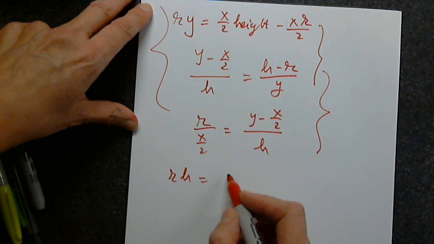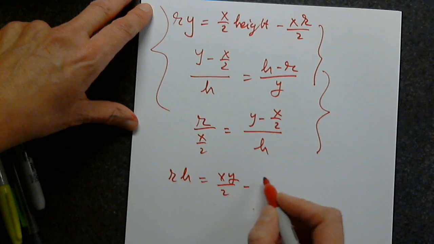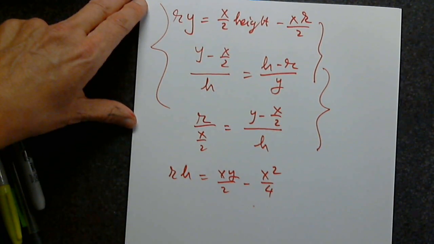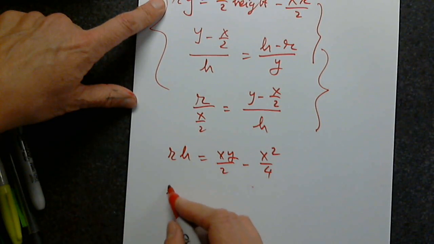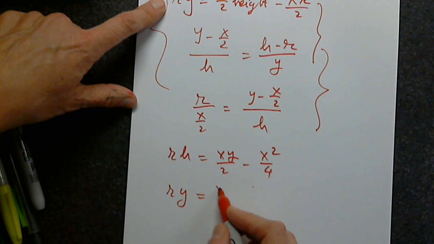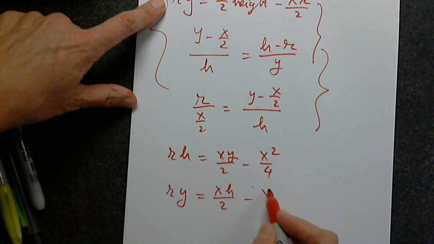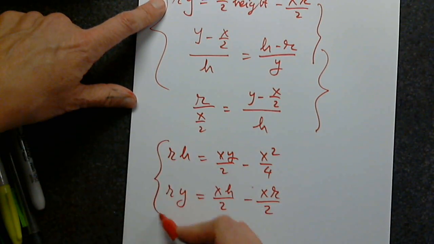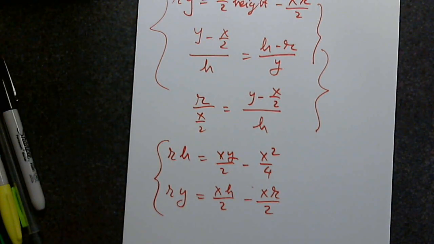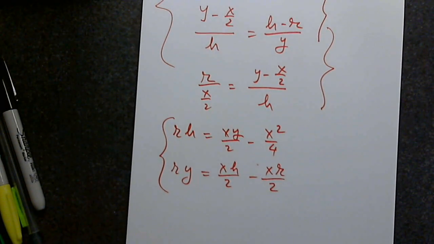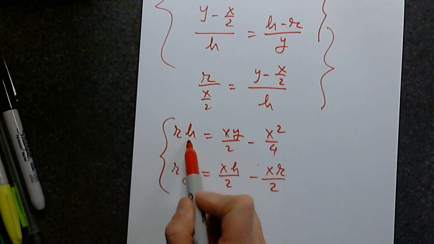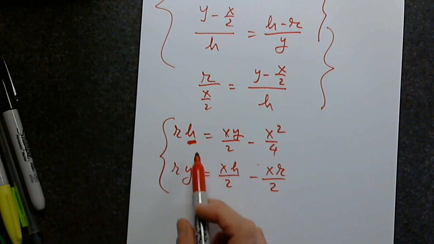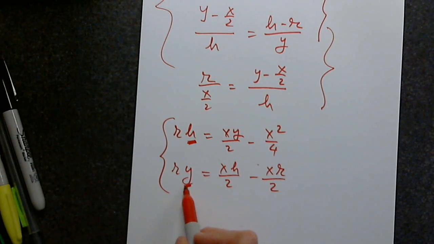So rh equals xy over 2 minus x squared over 4. And this one, ry equals xh over 2 minus xr over 2. I have two variables that I have to get rid of, h and y.